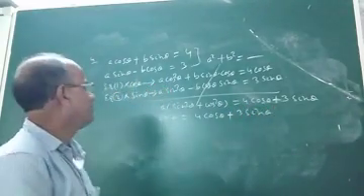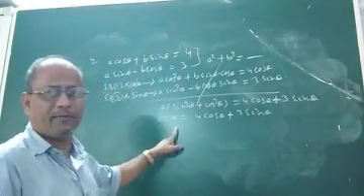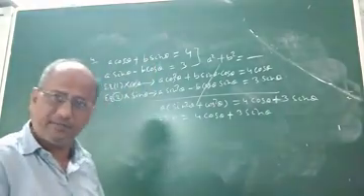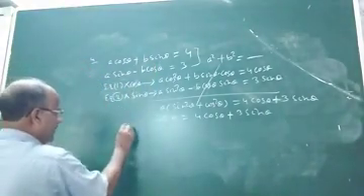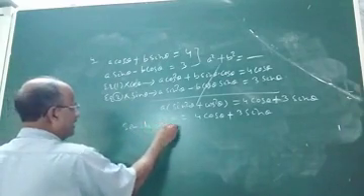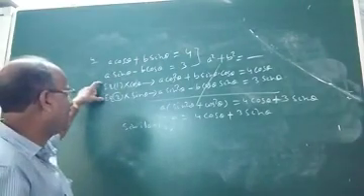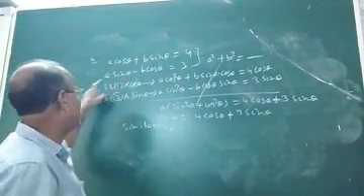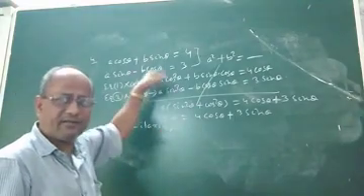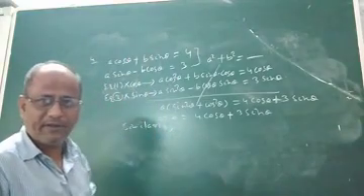Okay, now see, by eliminating b, we got the value of a. In a similar manner, you can eliminate a to get the value of b. Like I eliminated b from equations 1 and 2 and got the value of a, in a similar manner, you eliminate a to get the value of b.